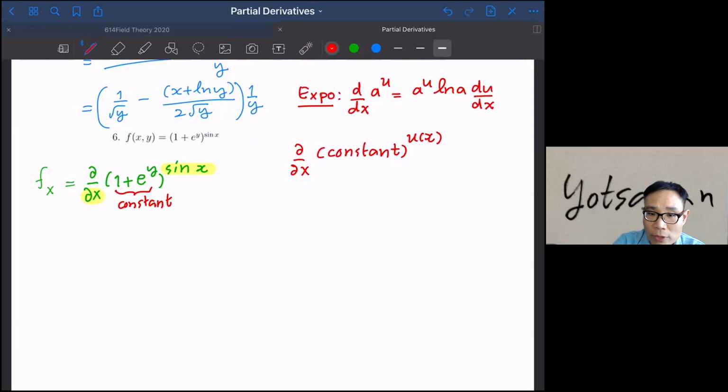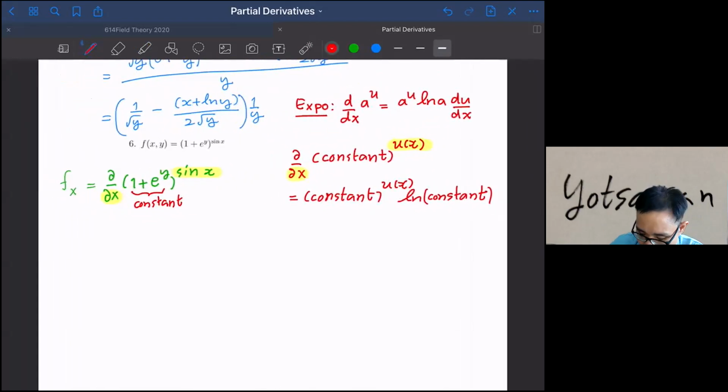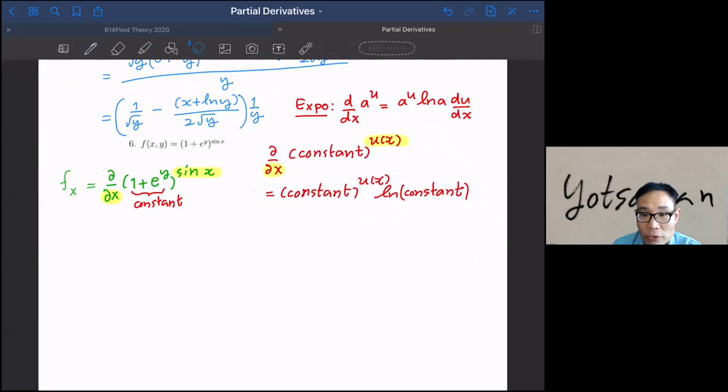For d/dx of a constant raised to u(x), I'm going to give you the following formula: the whole thing, which is the constant raised to u(x), times log of that constant, times the partial derivative du/dx.